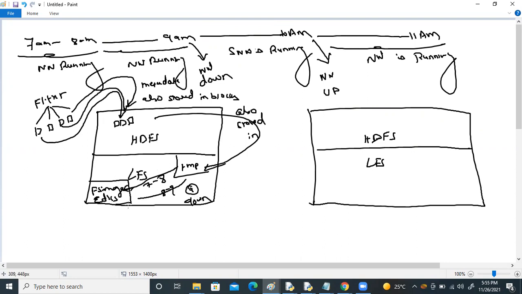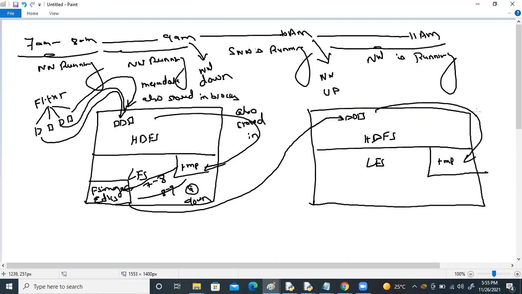Then from the FS image and edits, the secondary name node takes that information, and from 9 to 10 it stores it in the temp folder.